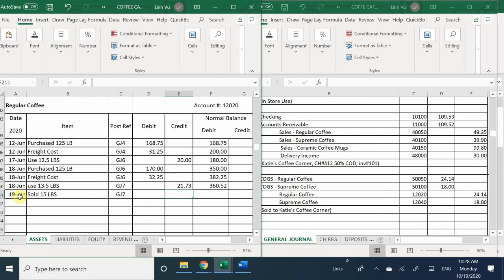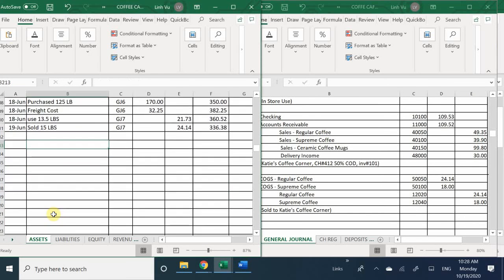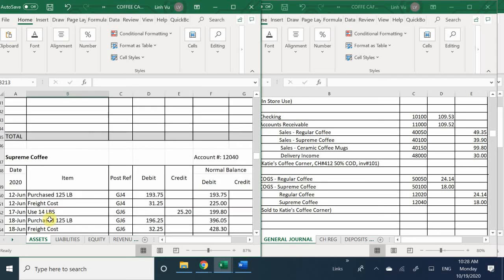And we sold it for 24.14, giving me a new total of $336.38. 336.38. And where does that match? Inventory. Yes, it should match your inventory worksheet.